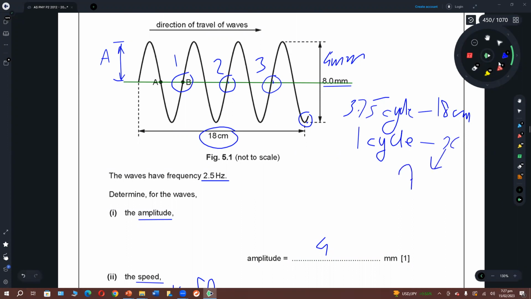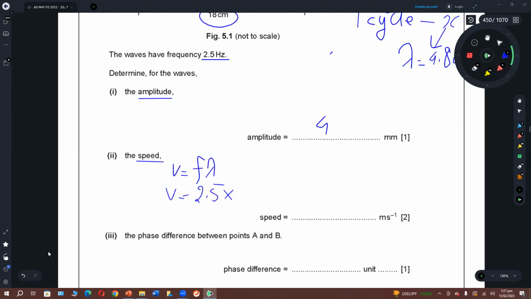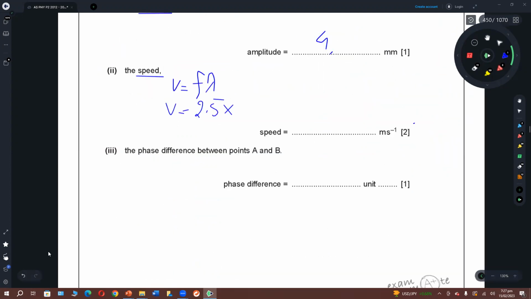It is X, which becomes lambda. It is 4.8 centimeters. So do we have to convert this into meters? You can always check it from the question here.